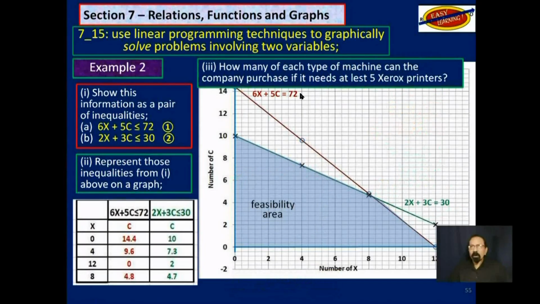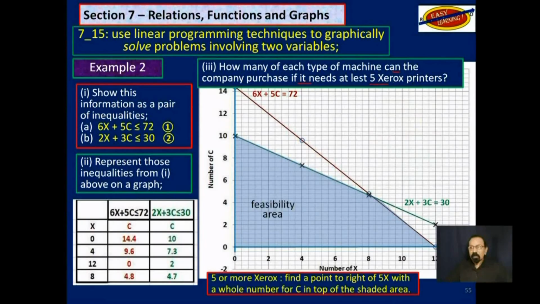Now, how many of each type of machine can a company purchase if it needs at least 5 Xerox? Now, they didn't say exactly 5. So what about if you decide to buy more than 5? You find a point to the right of 5 on the x-axis with a whole number for C in the top of the shaded area. So you could choose 7. Remember, it said at least 5.